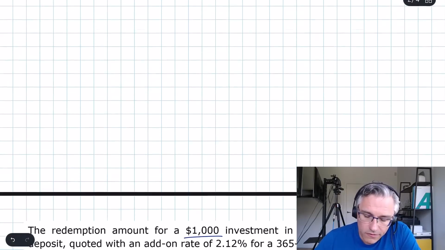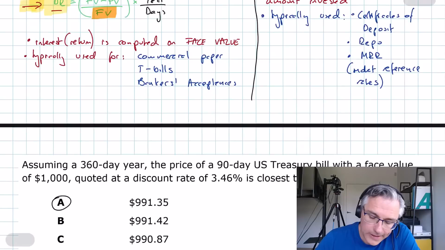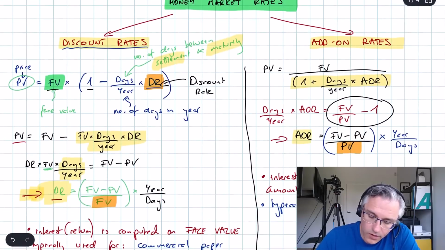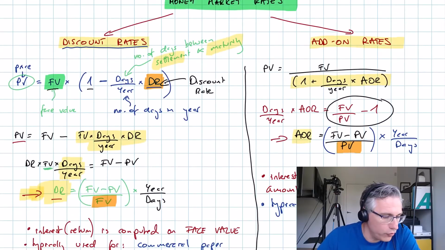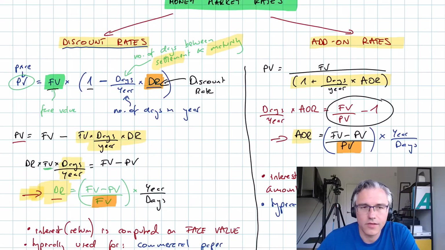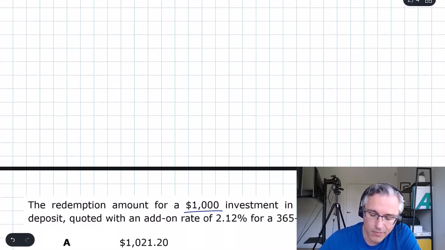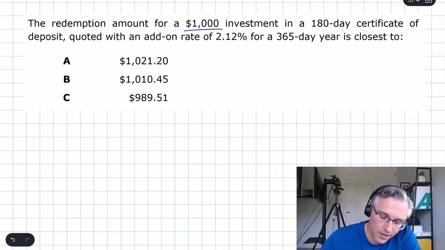Let's go back to the formulas for just a moment. This was the original formula for PV. It's FV divided by this term. But as you can see, we can easily convert that to a formula for FV if we just bring it over to the left-hand side; it becomes relatively simple.